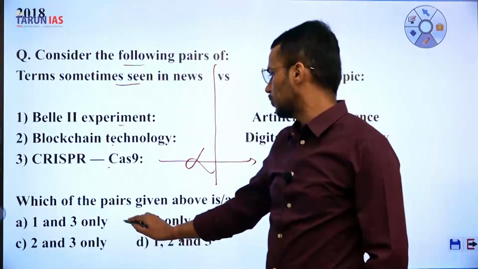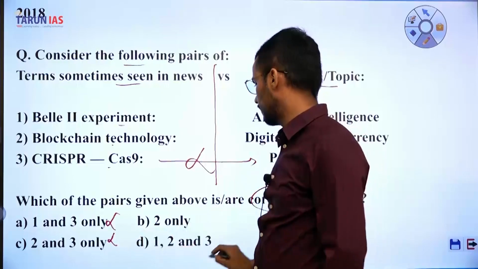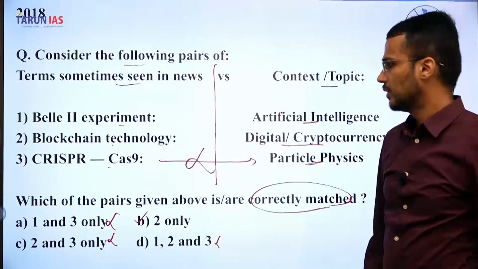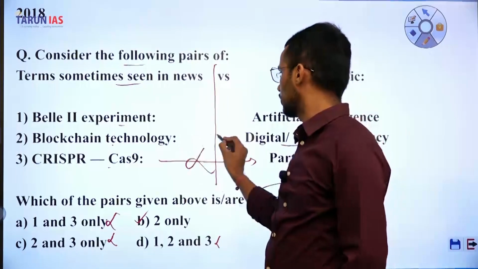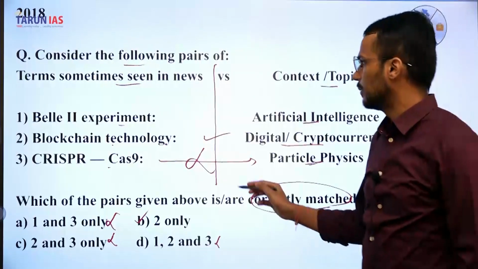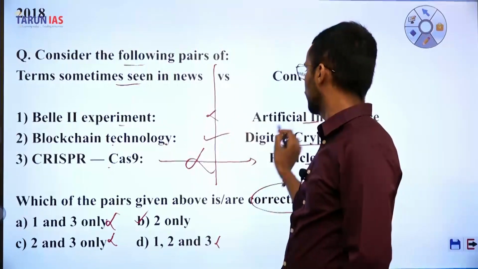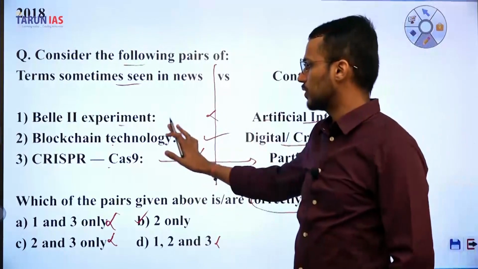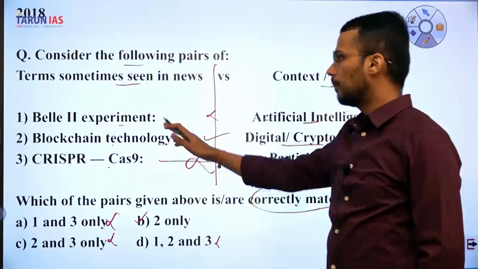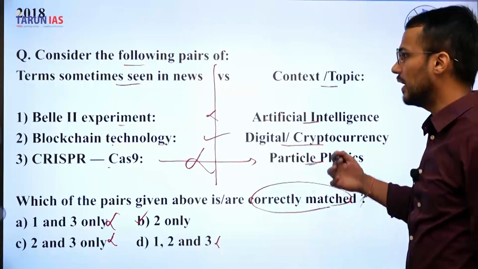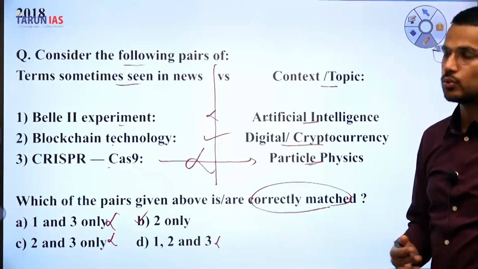If you remove the third option, you will be able to get the answer, right? Blockchain technology paired with digital currency is correct, but the BICEP experiment paired with AI is incorrect, right? So the answer for this question is 2 only, mentioned in option B, right? So this is the elimination that we have used here.